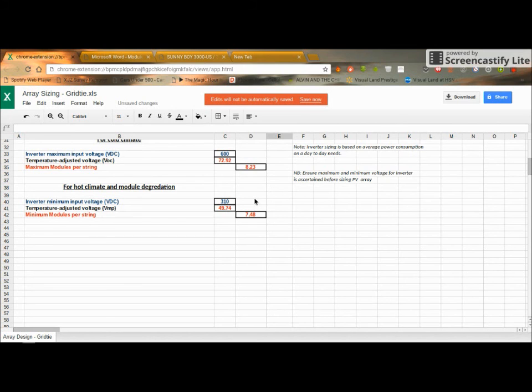Okay? Now, how many panels would you need for this particular example? For hot temperature, 7.48, roughly 7.5. We can round it up to 8 as it were. So overall, you would need 8 panels.